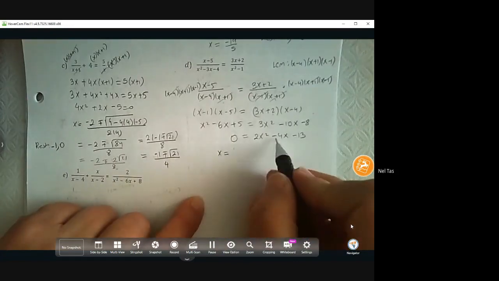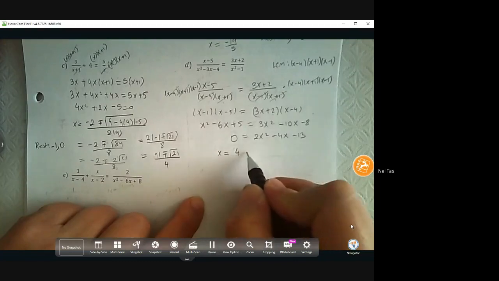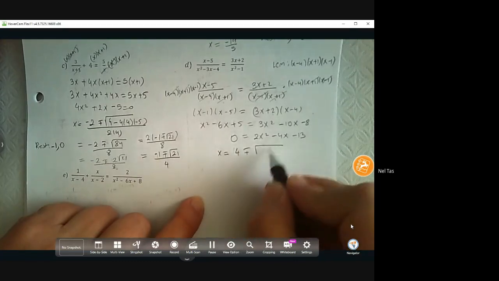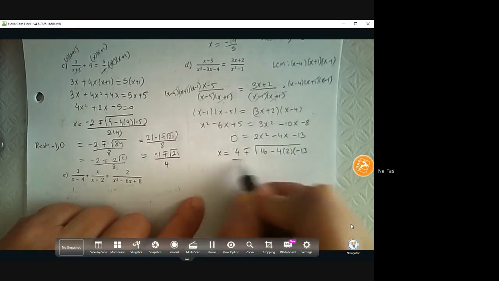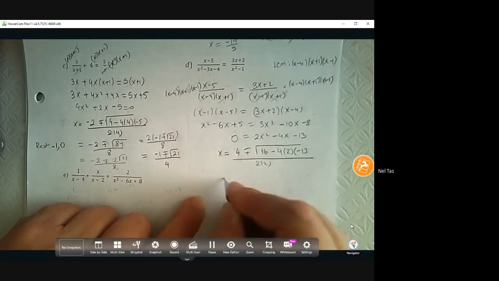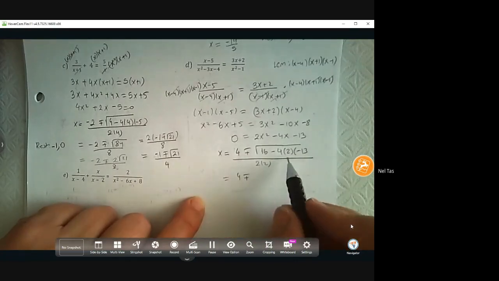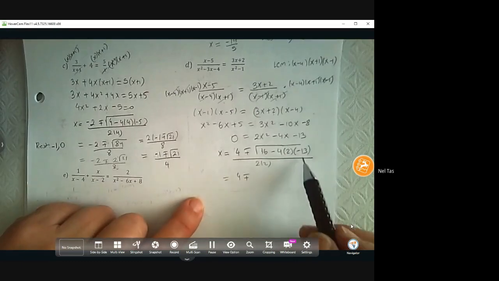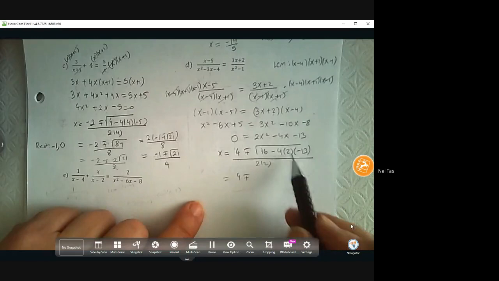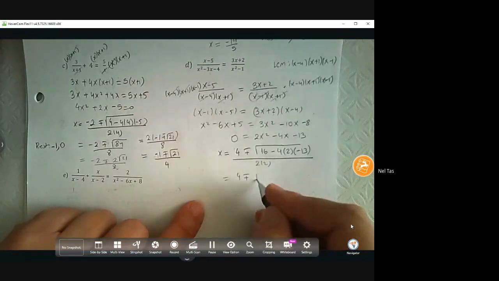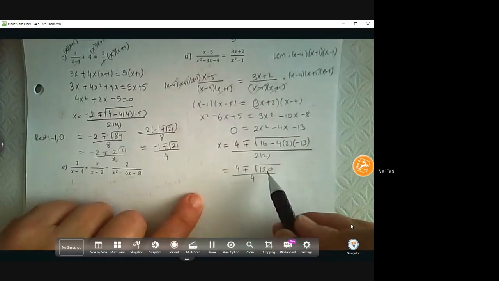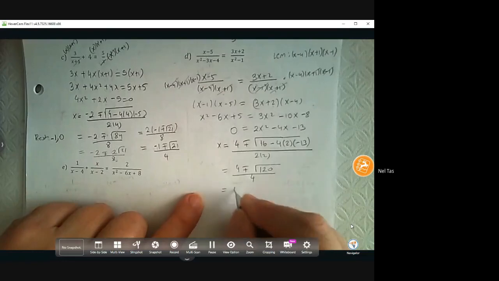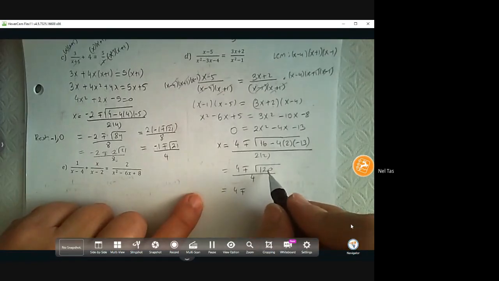So minus b, negative 4, plus and minus square root of b squared, 16, minus 4, a is 2, c is negative 13, over 2a, 2 times 2. 4 plus and minus, so this gives you 26. So total we get 120, and denominator is 4. So square root of 120 can be simplified, can be written as 4 times 30, and that gives you 2 root 30.